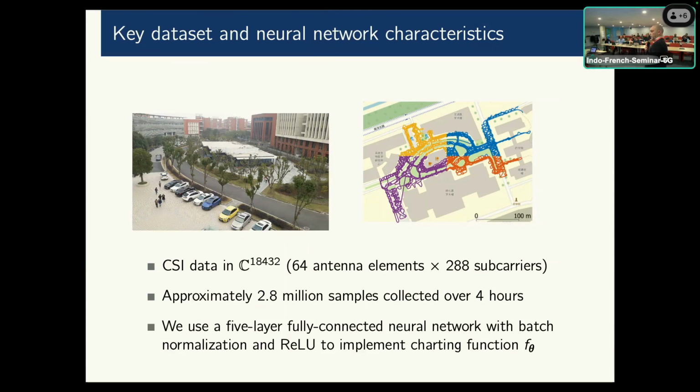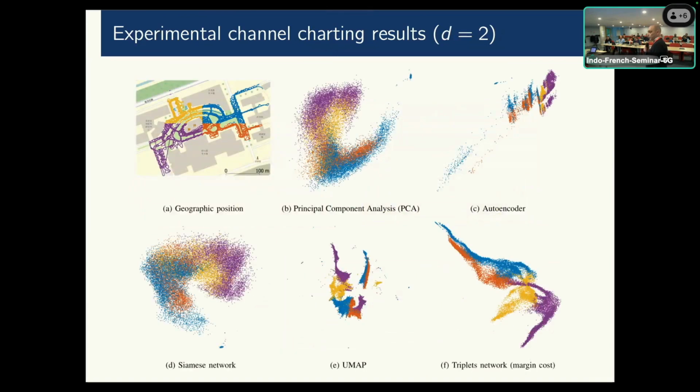And if you apply dimensionality reduction to this data, you can get a bunch of channel charts. So, this is the GPS map for comparison. I didn't mention that there are more dimensionality reduction techniques than the few ones that I presented. One of them is, you probably know it, principal component analysis.